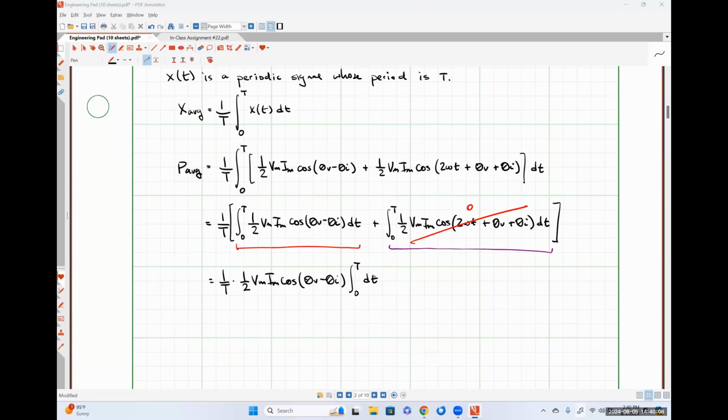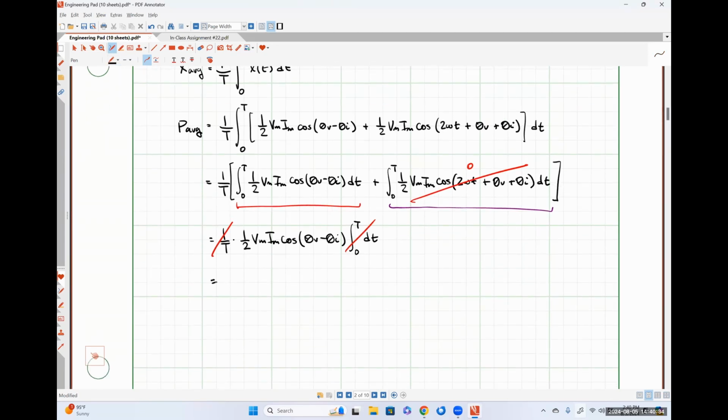Should be capital T, yeah. So the integral from 0 to capital T of dt is just capital T minus 0, which is capital T. So effectively, this integral and this 1 over T cancel each other out. We're multiplying by the period and then effectively dividing by the period. And so what we're left with is exactly what we inferred from earlier, an average power of 1/2 Vm Im cosine(theta V minus theta I).